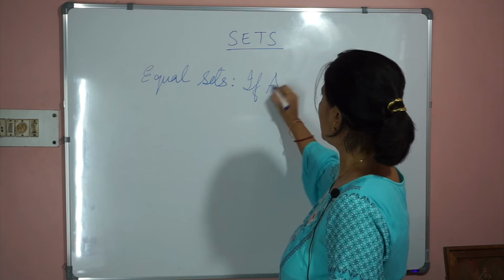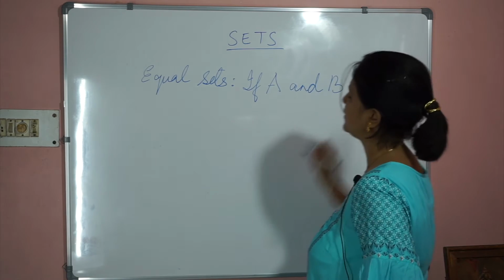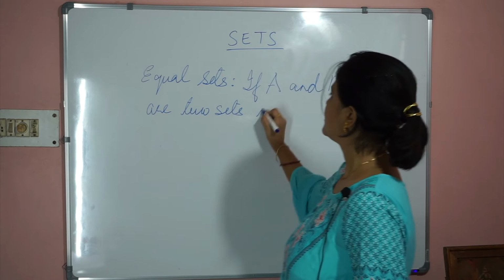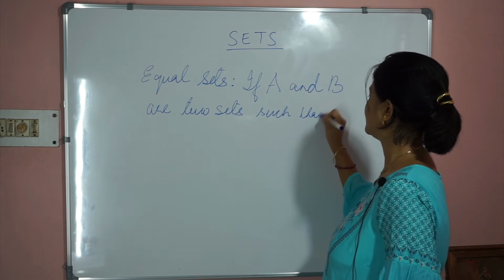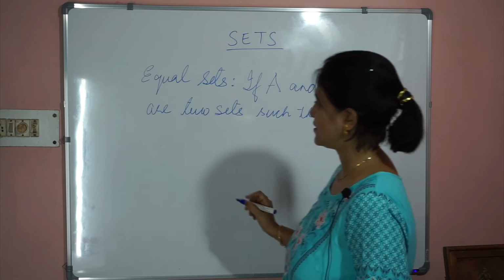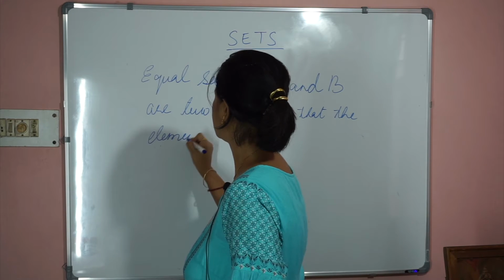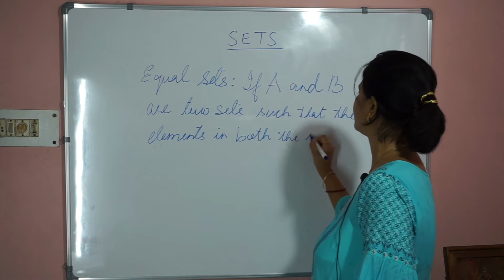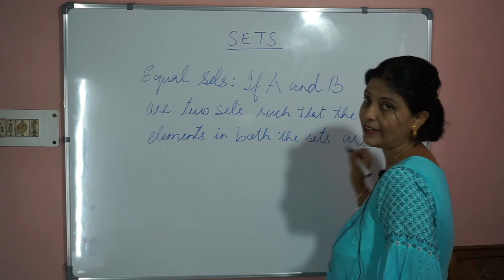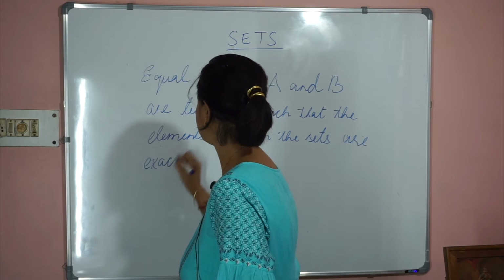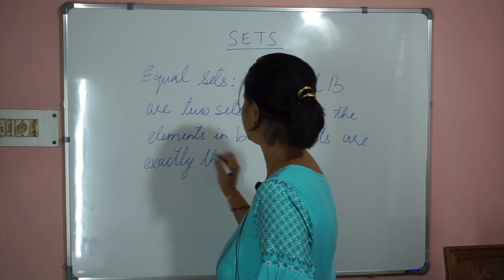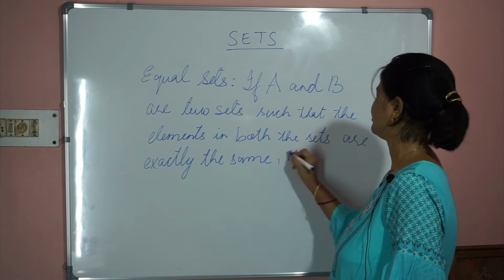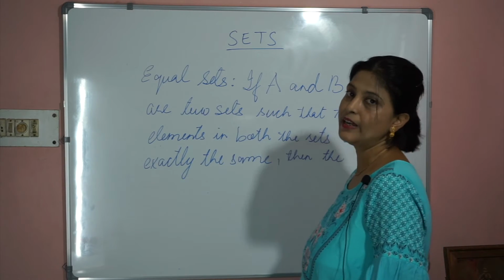If A and B are 2 sets such that the elements in both the sets are exactly the same, then the 2 sets are said to be equal.